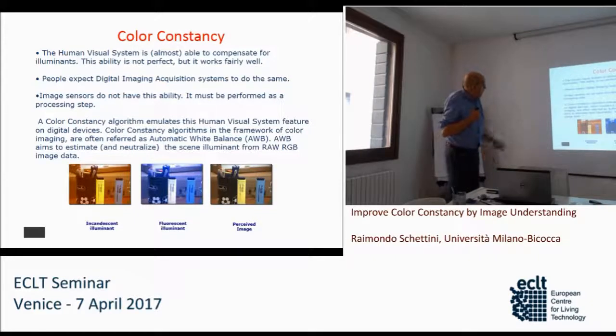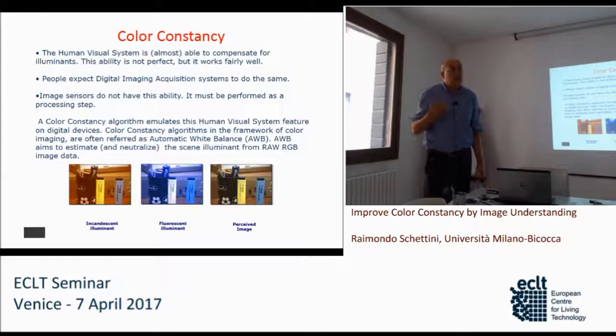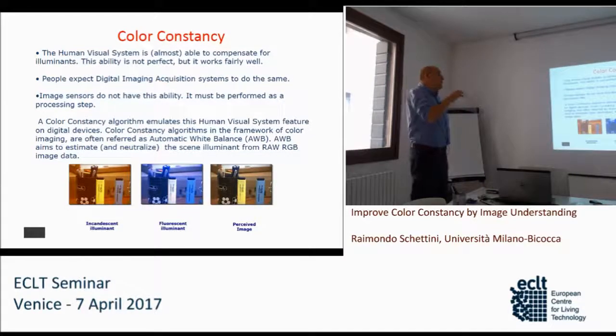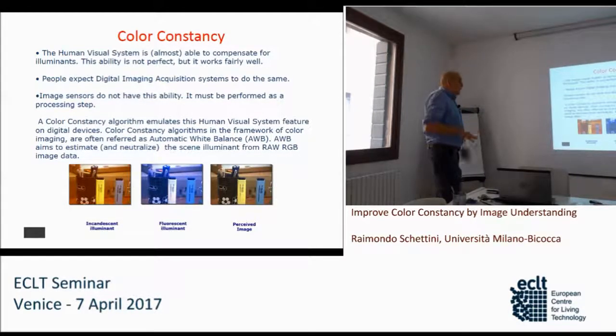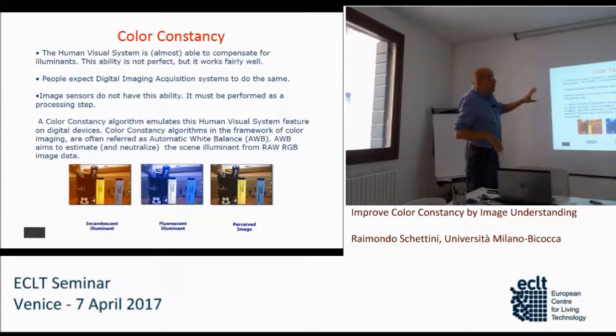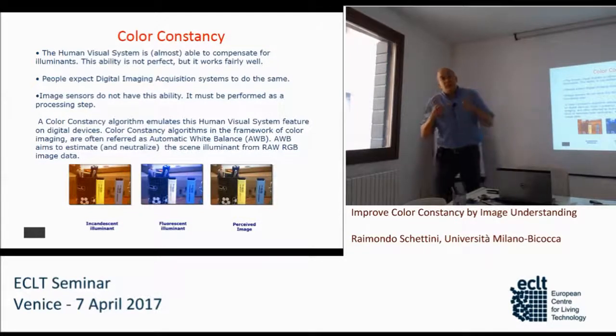By the way, when we talk about color constancy in the framework of computer vision or digital photography, actually we are talking about automatic white balancing. That means that the image is to be transformed and displayed as if under a white reference illuminant.